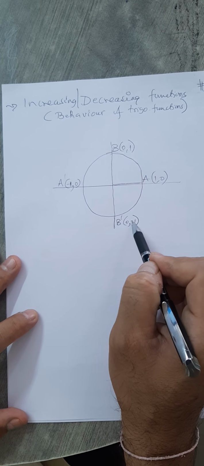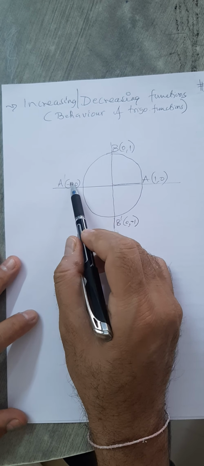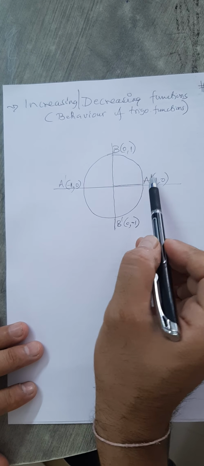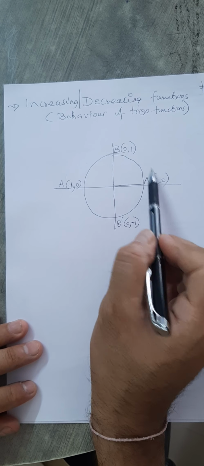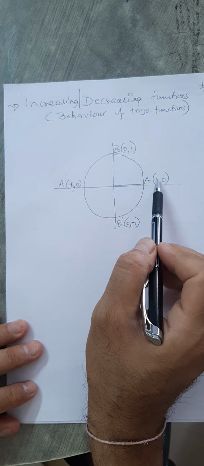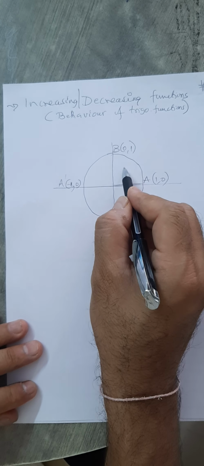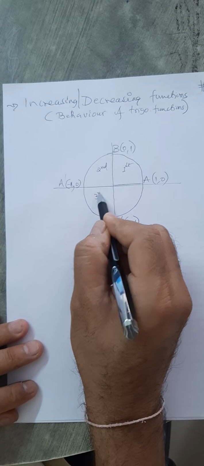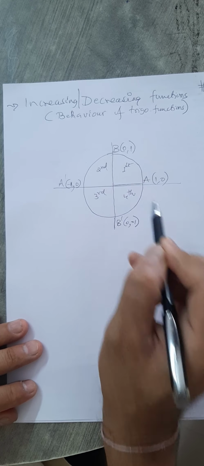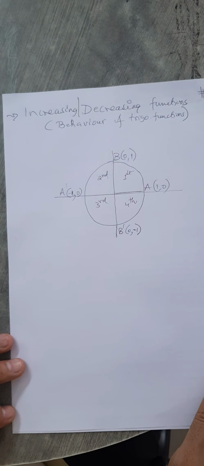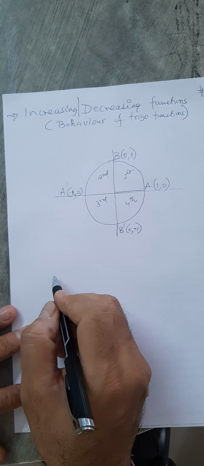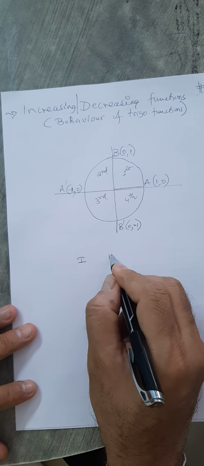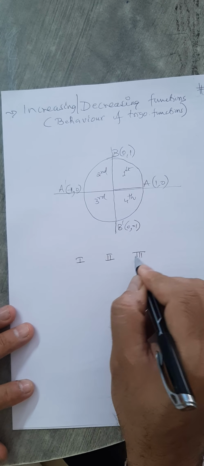Here (0, -1) and here (-1, 0). We did this a number of times, and now you know the first coordinate represents the values of which function? Cos function. There is a first quadrant, a second quadrant, a third quadrant, and a fourth quadrant. That much we know. Now let me write here quadrant wise: first quadrant, second, third, and fourth.